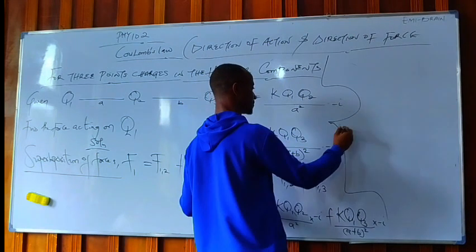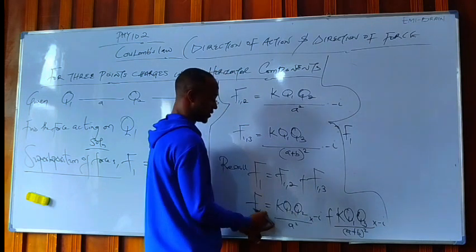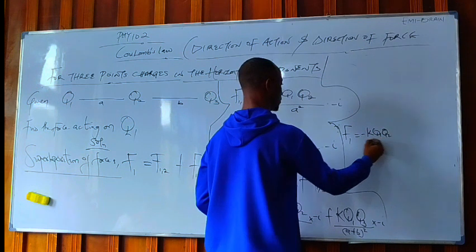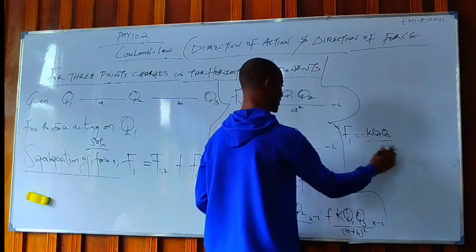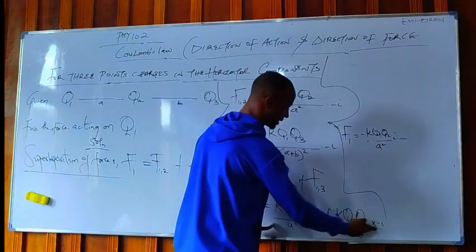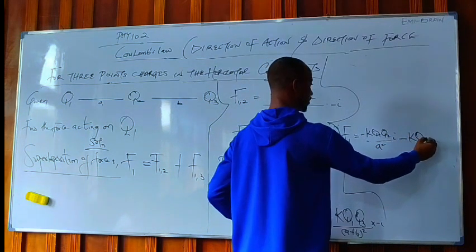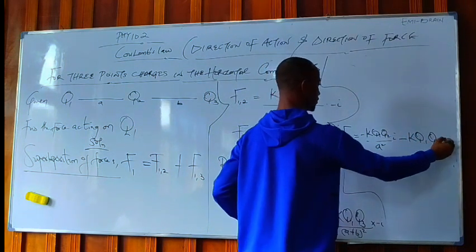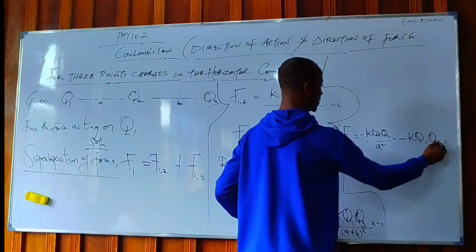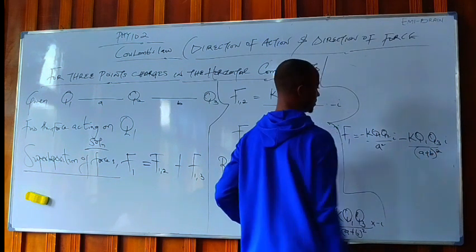So here we have minus K Q1 Q2 over A squared, i, minus K Q1 Q3 over A plus B all squared, i.